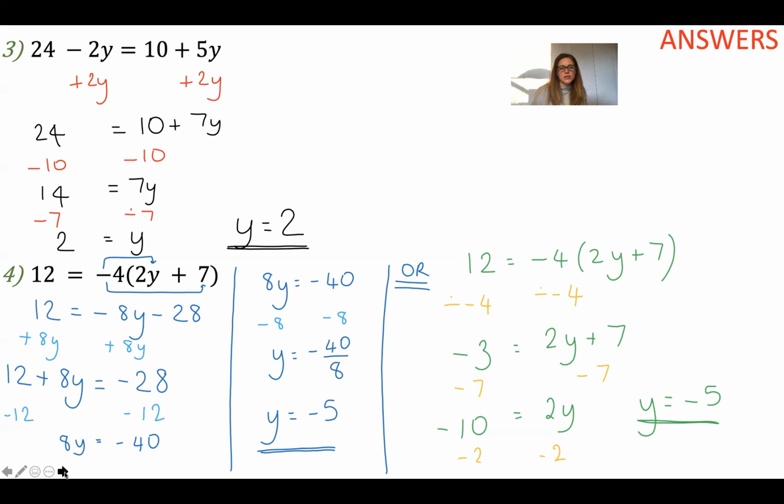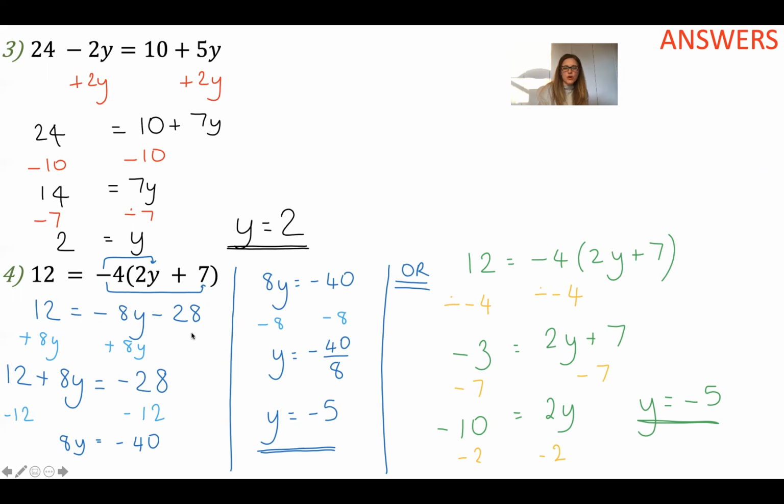I now need to subtract 10 from both sides so that I can get the 7y on its own. So 14 equals 7y. My last step, again, apologies, those division signs are not coming up at all. I'm dividing both sides by 7, which gives me y equals 2. Okay, y equals 2.